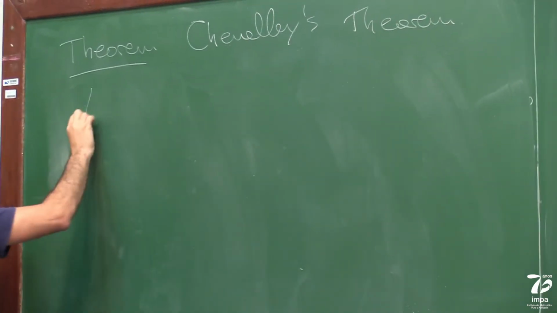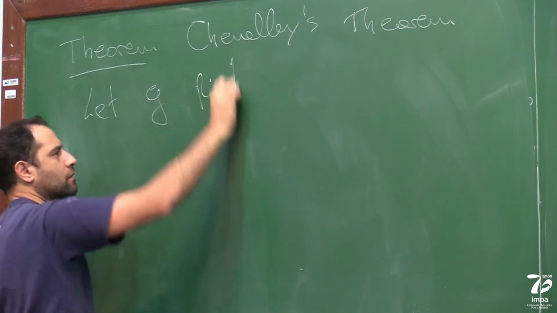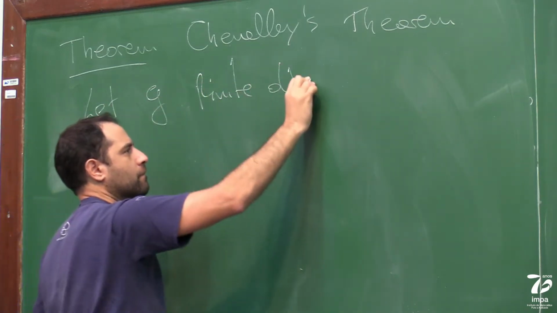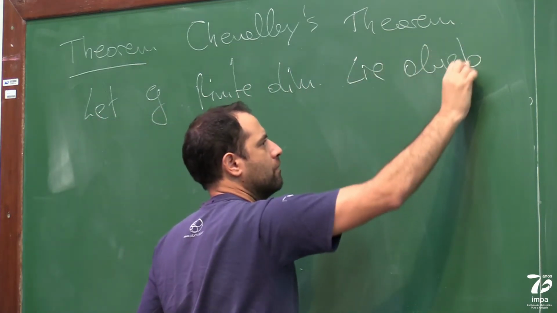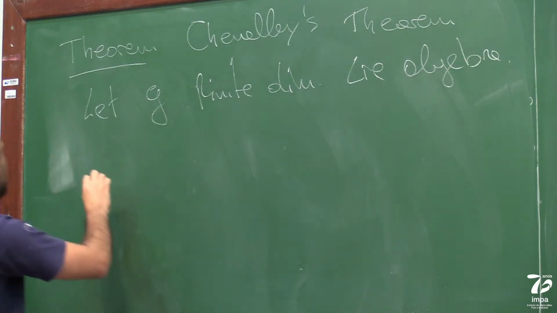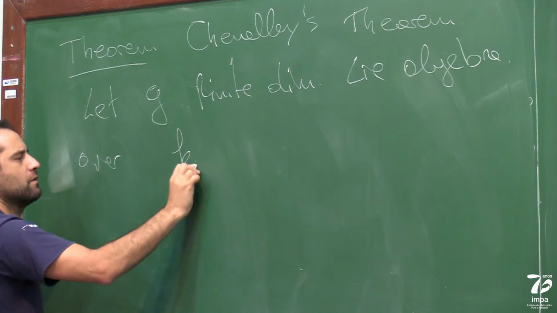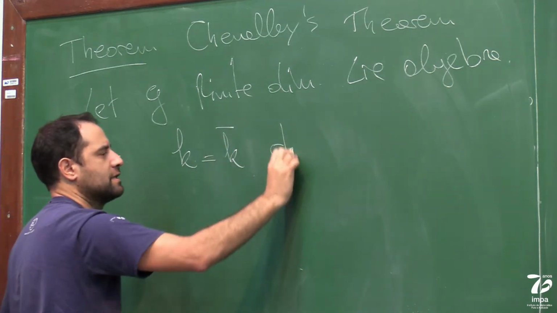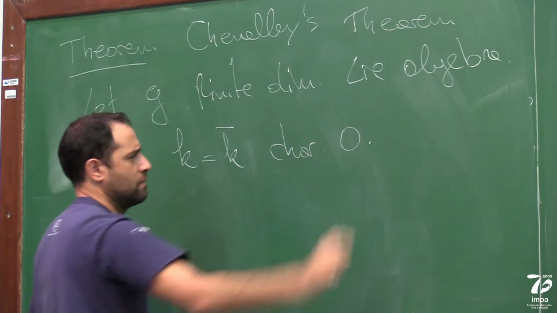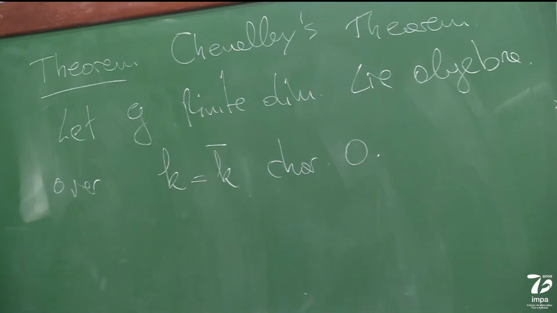Let G be a finite dimensional Lie algebra over an infinite field, but I'll just take it to be over a field K, which is algebraically closed of characteristic 0. Well, the only thing we're going to need is this.